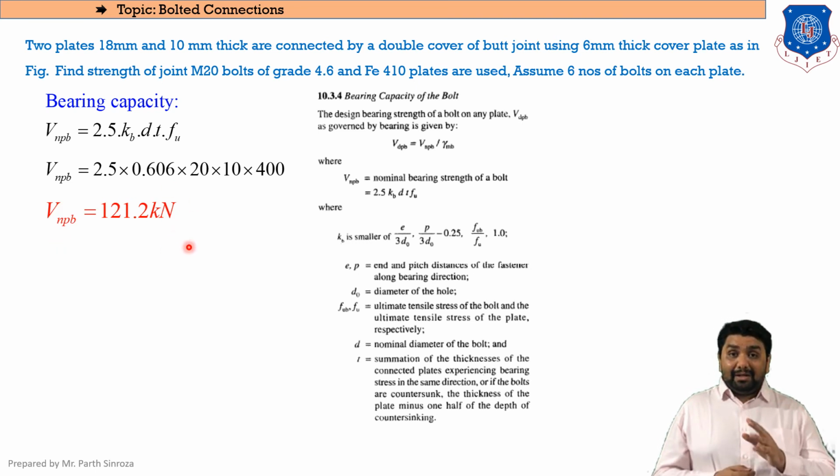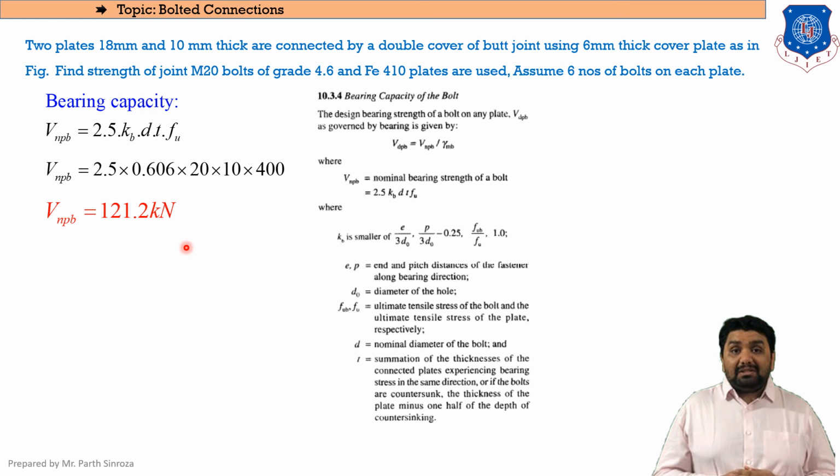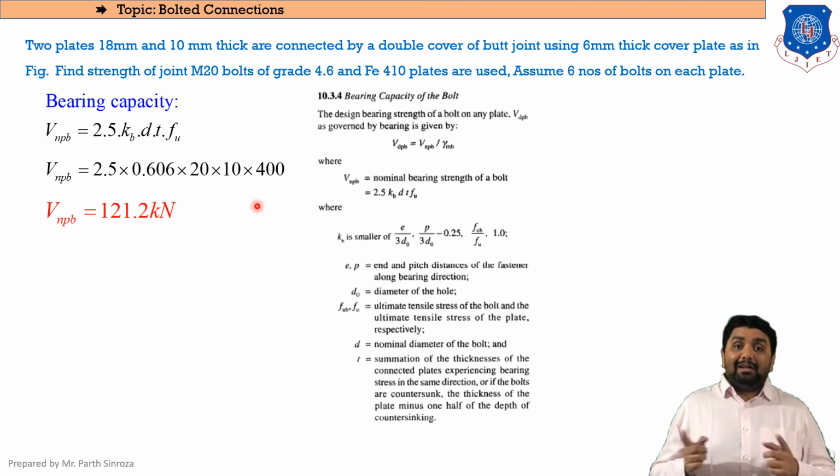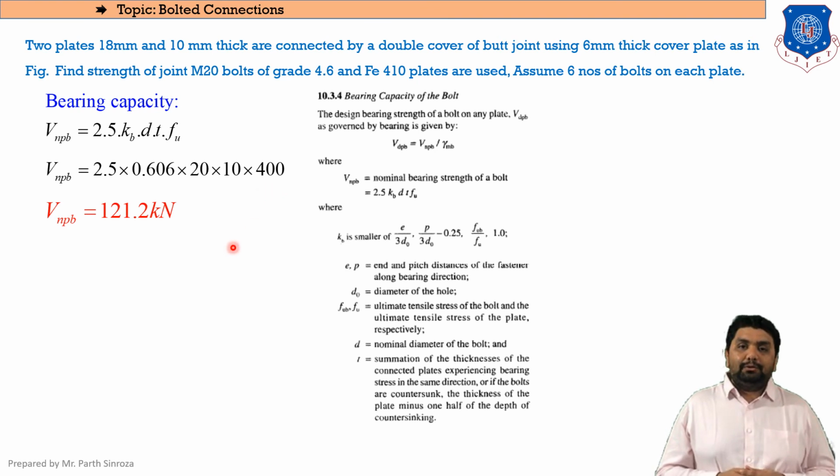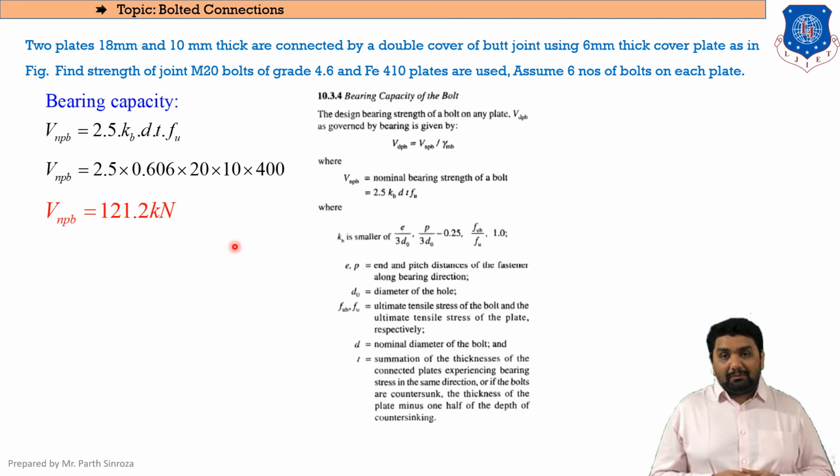But here keep in mind again, in bearing capacity, Fu will be the smaller of both materials. As we are dealing with ordinary bolts now, and the plate is of 410, the value of Fu for bolt will be 400 and for plate will be 410. So the smaller of these two will be 400 Newton per mm square.